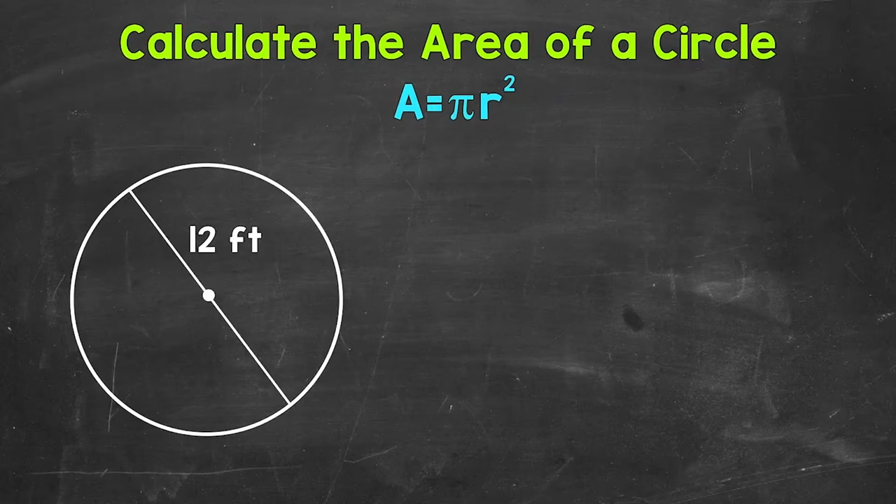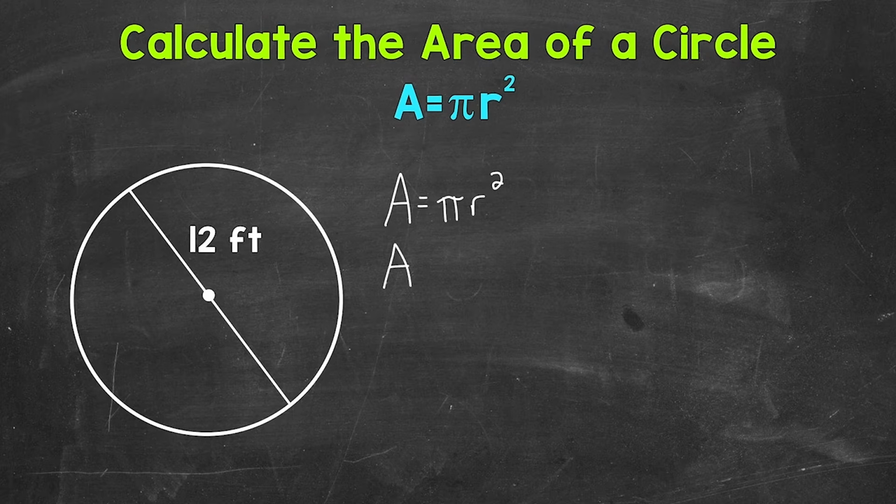For this example, we have a circle with a given diameter of 12 feet. Now, the first thing that I'm going to do is write out the formula for the area of a circle. So area equals pi r squared. Next, we can plug in our radius.